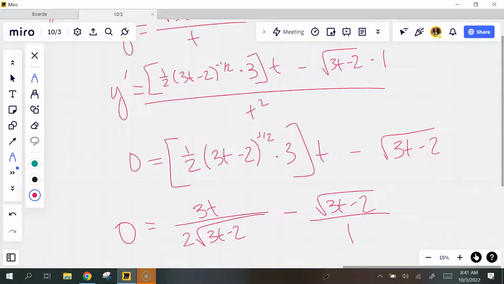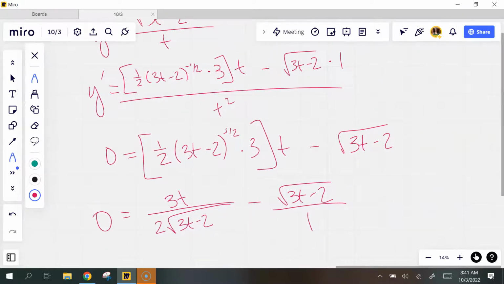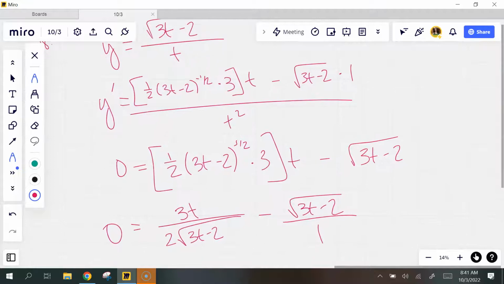But I got two different fractions, so I got to find a common denominator. Luckily, one of the denominators is 1. What's wrong, Hope? Yes. So this piece moved down to the bottom, and since this was a 1/2, the 2 moved to the bottom with it, right?